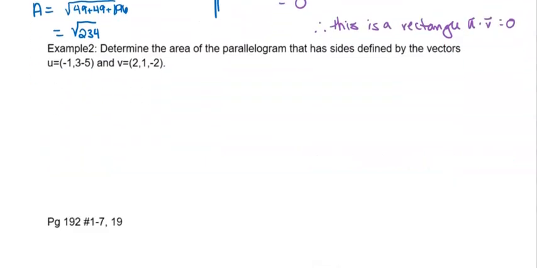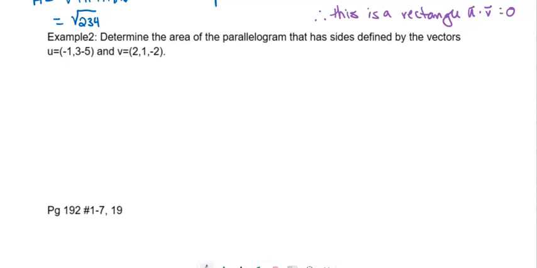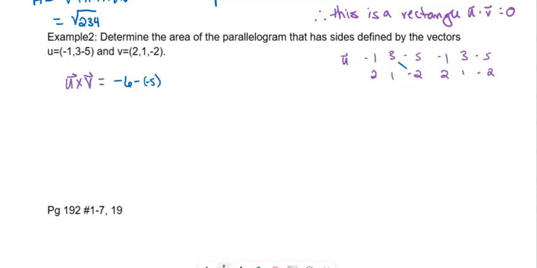Okay, let's try one more example. All right, so here is a parallelogram, and I want to find the area. So we're going to take vector u and vector v, and we're going to do u cross v. Okay, first up, I've got -6, take away -5.